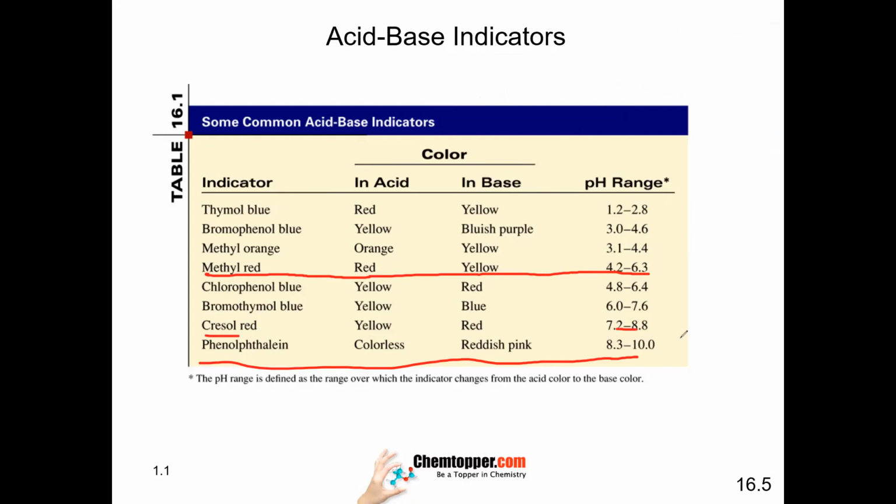Like, different colored cabbages you must have seen. Cabbages, red, blue, green. They are also used as indicators. Do you know, children, hydrangea plant? Have you seen hydrangea plant? It has multiple colors. They are also pH sensitive.